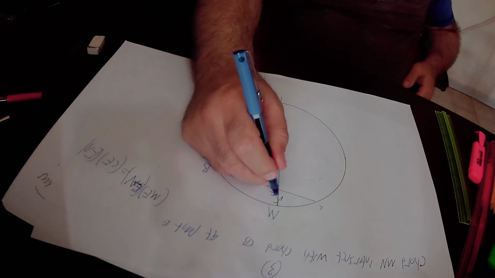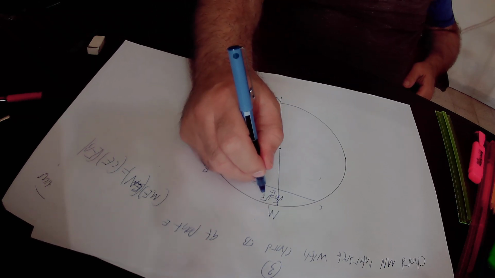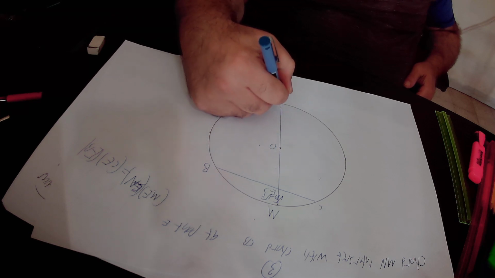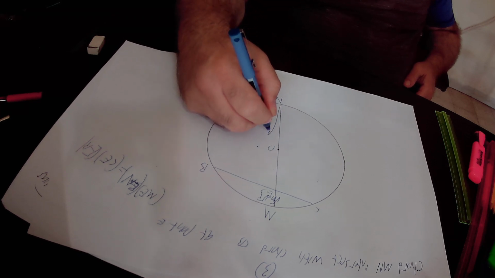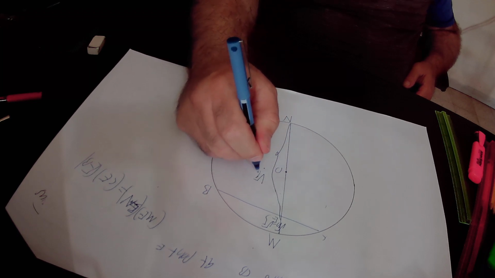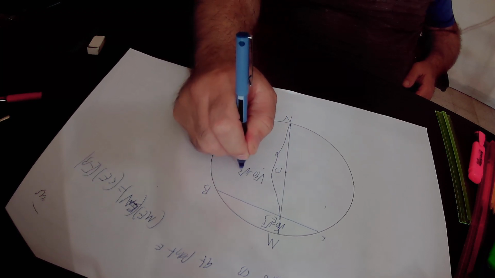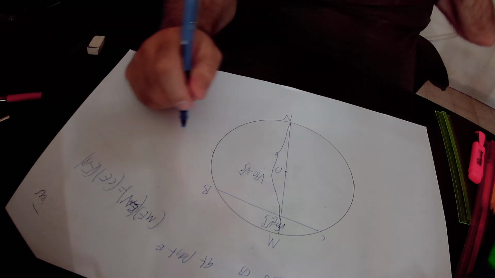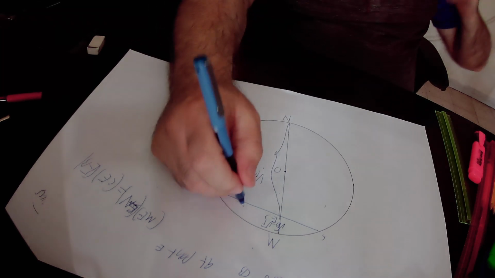ME equals the square root of 10 minus the square root of 5. EN equals the square root of 10 plus the square root of 5. And EB equals the square root of 15.